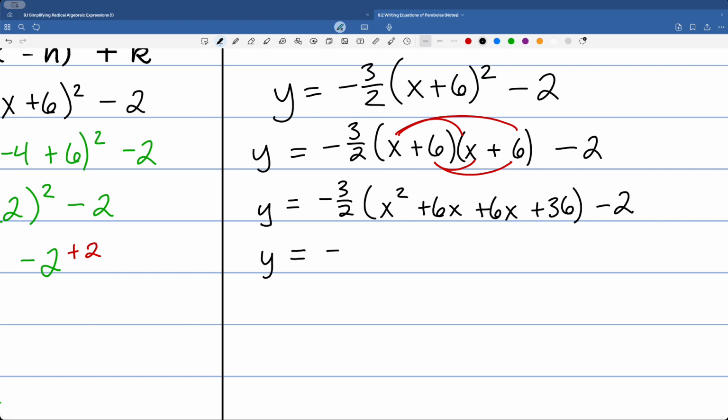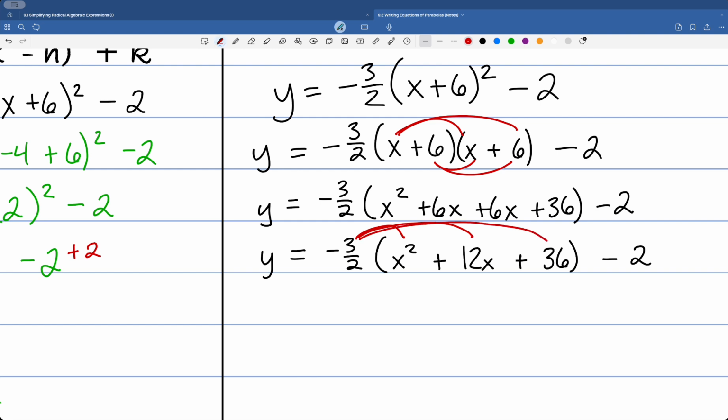We're going to get y is equal to -3 halves of (x squared plus 12x plus 36) minus 2. Distribute. We get y equals -3 halves of x squared.